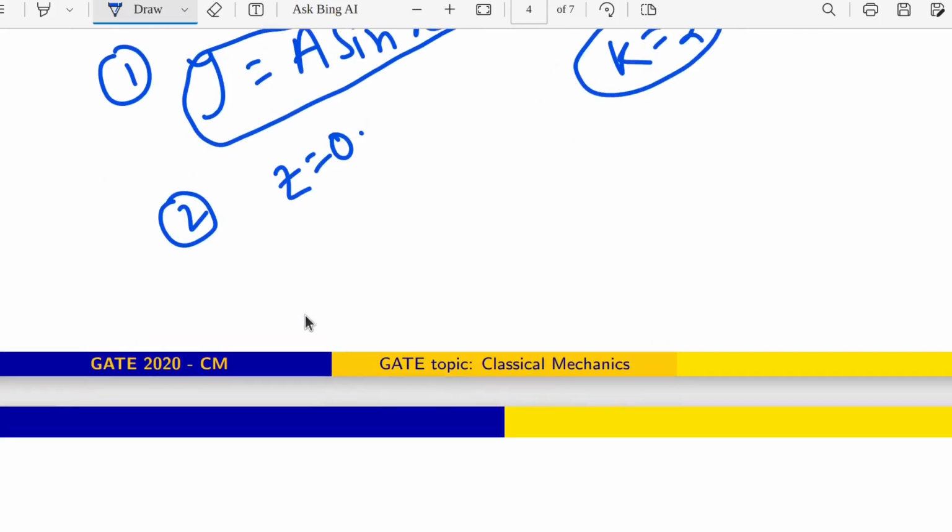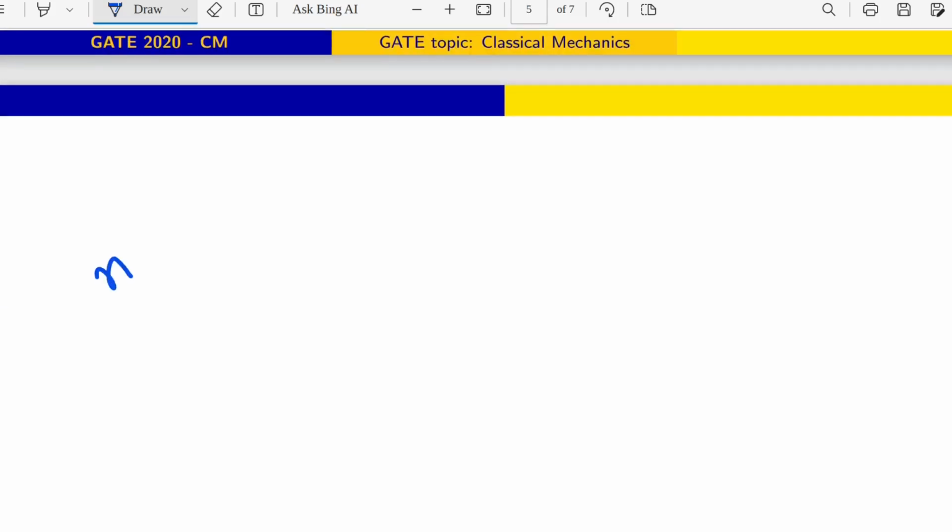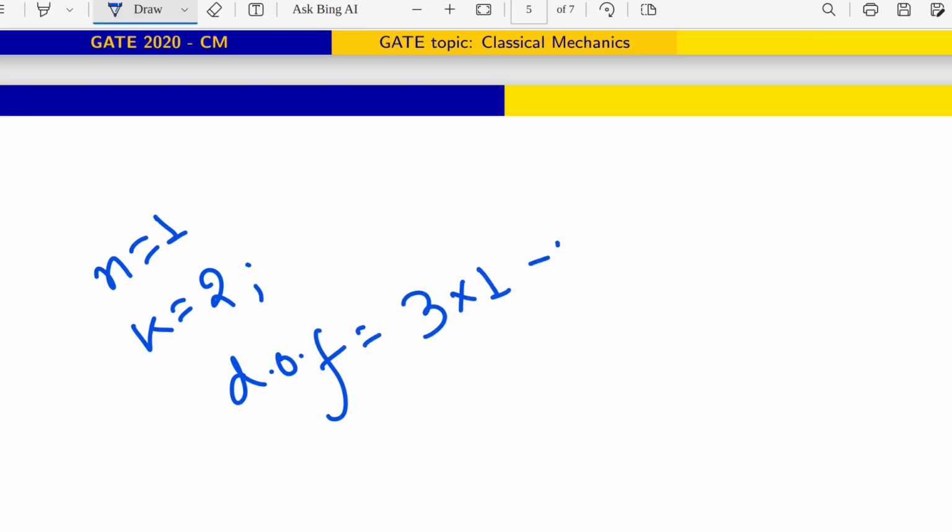Now if I put these values, n equals 1 and k equals 2, in the degrees of freedom calculation, it becomes 3 into 1 minus 2, that means 3 minus 2, which is 1.